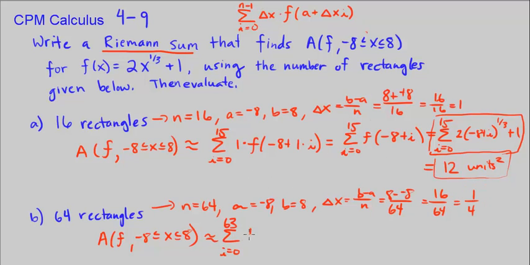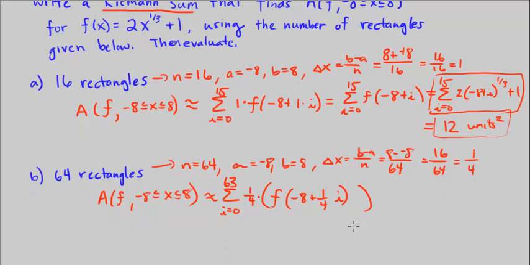It's 1/4 times our function f of a, where a is negative 8. Negative 8 plus delta x, which is 1/4, times i. That is what we want to plug in for our function. Let's go ahead and plug it in.